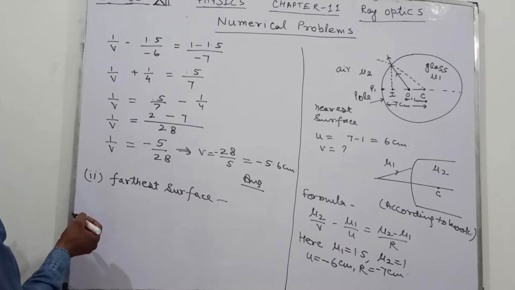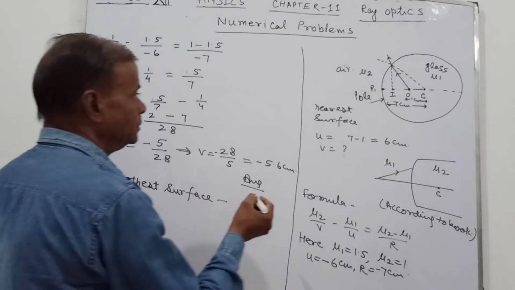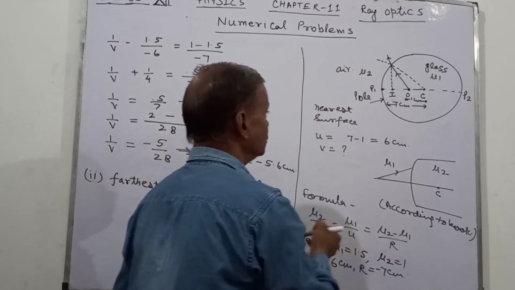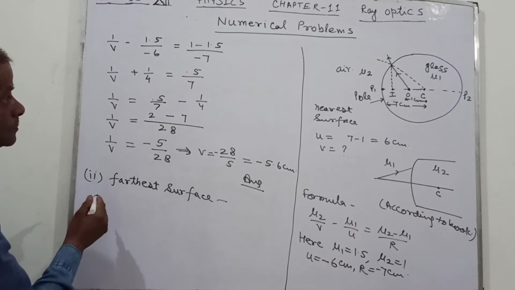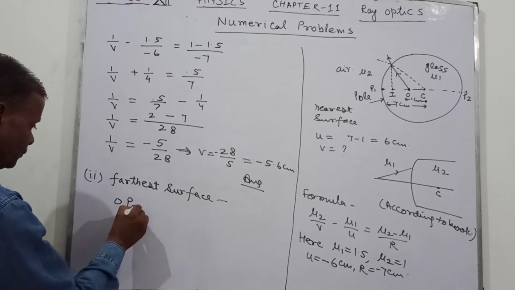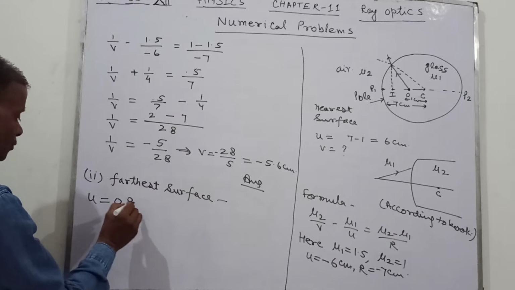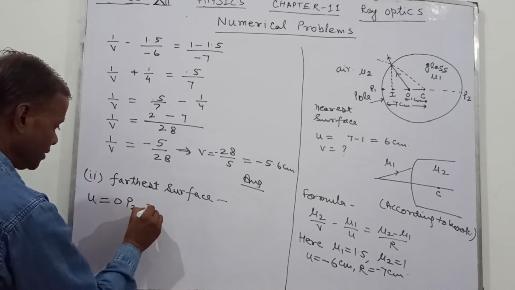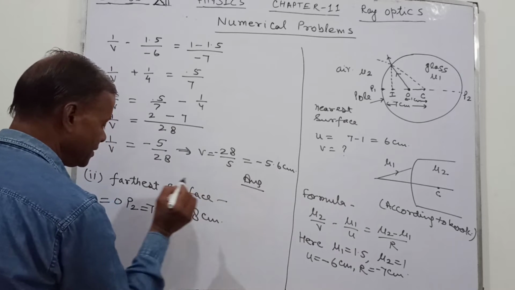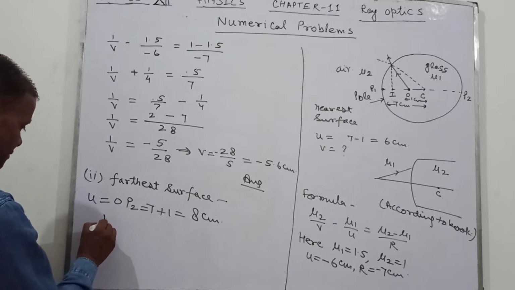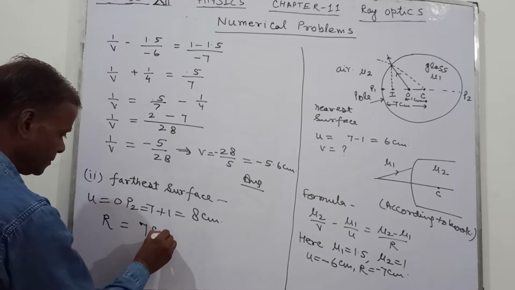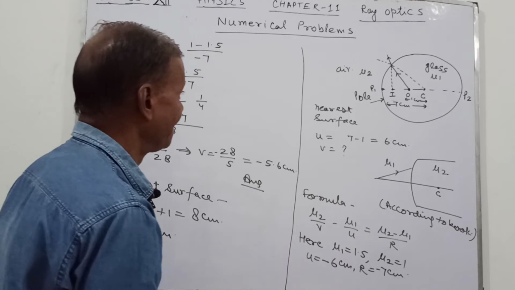Now suppose this is P2. So this is now OP2. This is equal to u, and this is equal to 7 plus 1. This is now 8 centimeter. Radius R is equal to 7 centimeter.